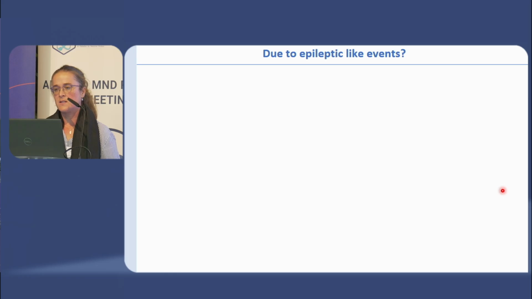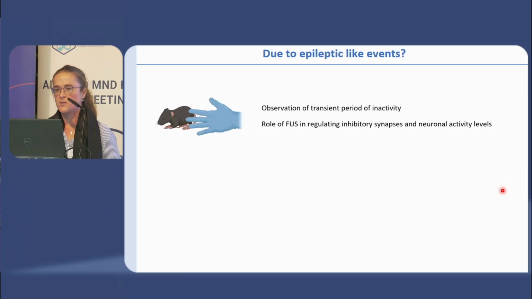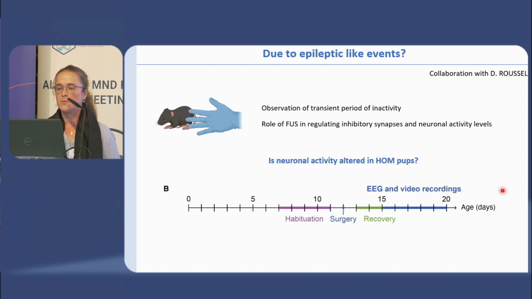We then decided to look at something else because we observed during our different behavior tests that our pups present some transient period of inactivity. And as FUS has a role in the regulation of inhibitory synapses and neural activity level, we wondered whether those mice could present epileptic-like events, such as absence seizures or those kinds of things.